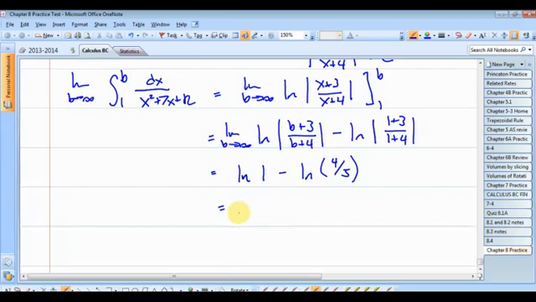So this is equal to negative natural log of 4/5. But to make it positive, you have to. Yeah. Which equals natural log of 4/5 to the negative 1 power.